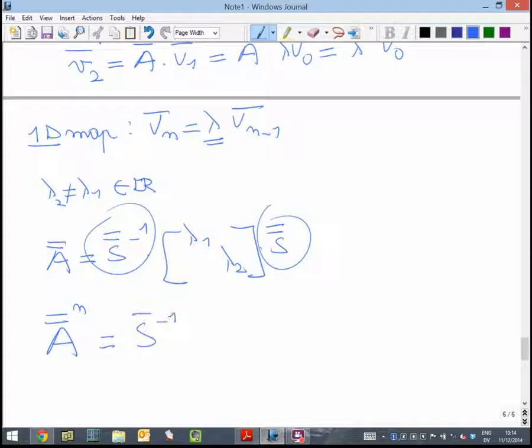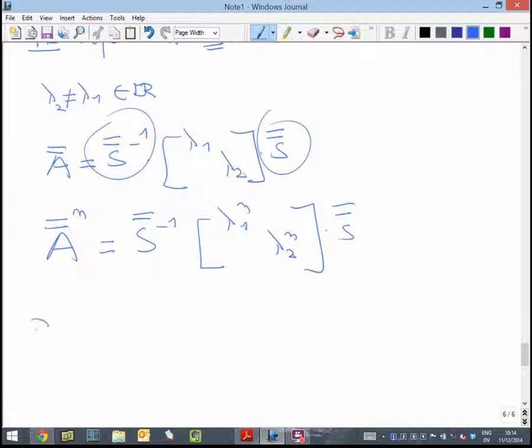So basically, A to the power of n is that same matrix here, then a diagonal matrix where you raise the eigenvalues to the power of n, and then that same matrix here. So you can easily calculate xn, the nth element of your orbit, simply by having this beast operating upon my initial condition, my initial vector x0.